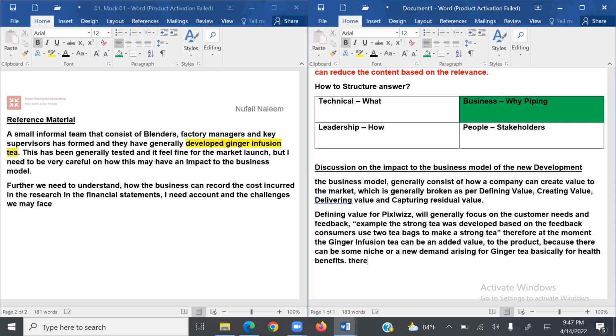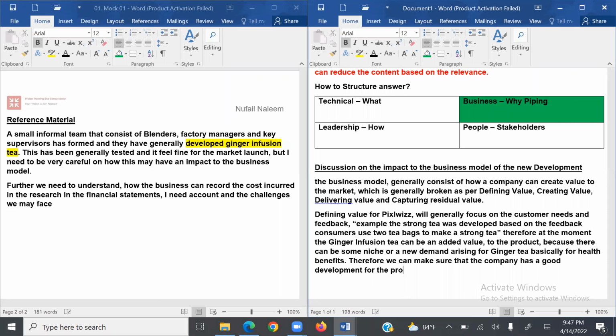Therefore, we can make sure that the company has a good development of the portfolio.